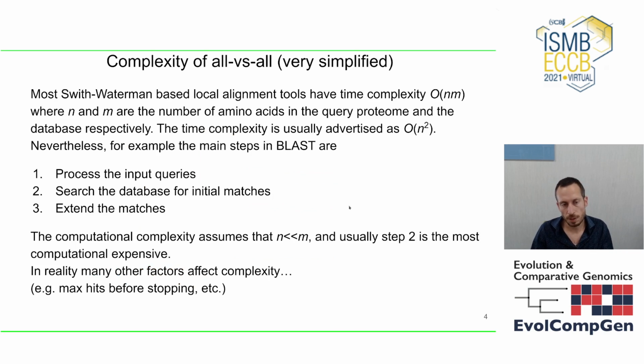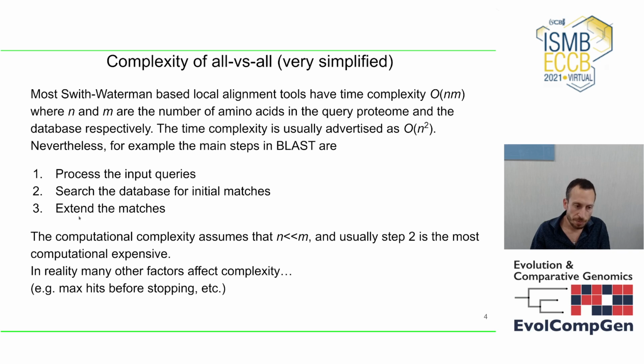And local alignment tools usually advertise a big O(NM) or big O(N squared) time complexity. There are many tools: of course BLAST, MMseqs2, and Diamond, just to name three of the most famous.